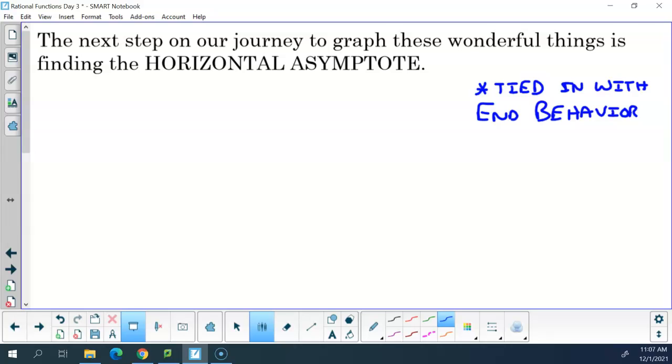So if you know how to find the horizontal asymptote, you don't have to do that logic or as much logic to figure out what the end behavior is.